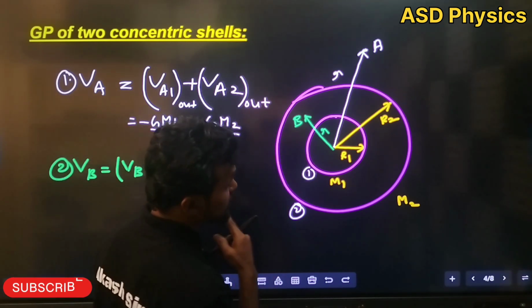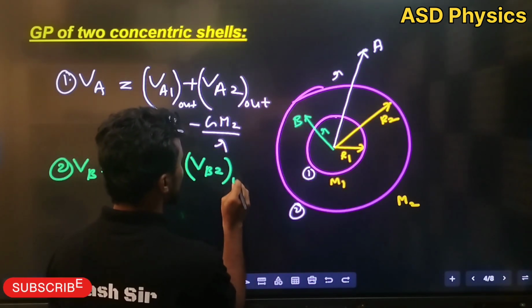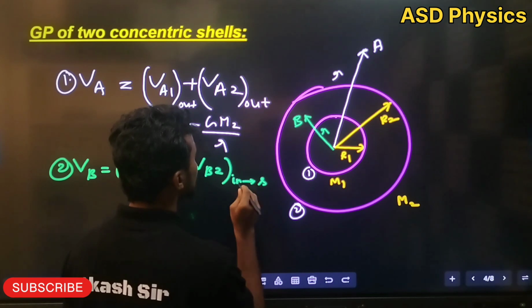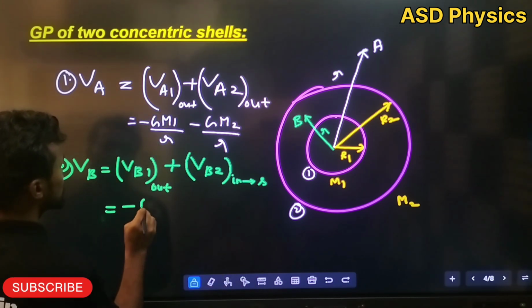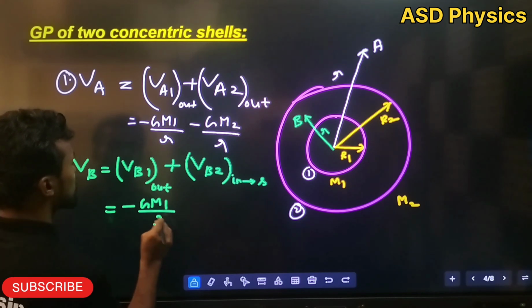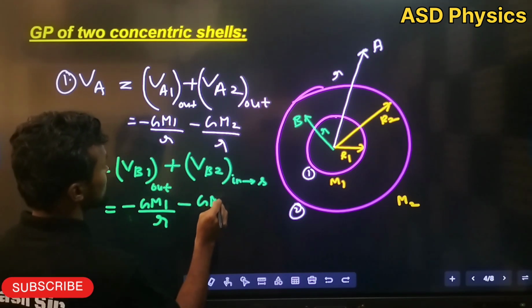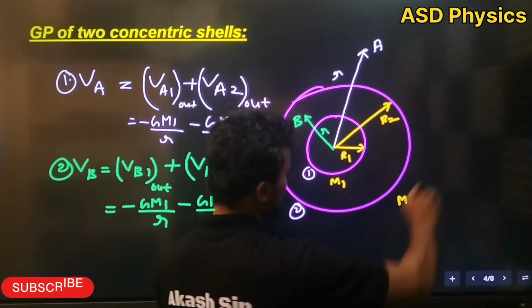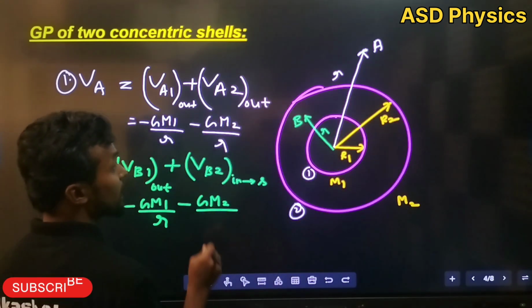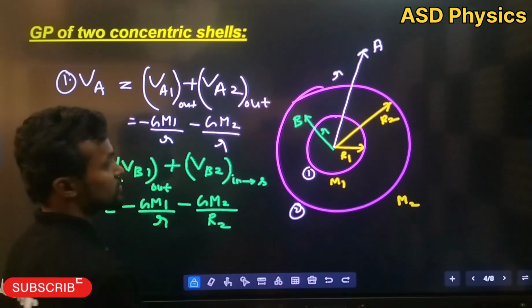But B with respect to 2 is where? Inside. And whenever it is inside, you have to take which potential? You have to take the surface potential. So outside means minus G M1 by actual distance R, minus G M2 by... inside means surface potential. What is the surface potential for the second one? Minus G M2 by R2.